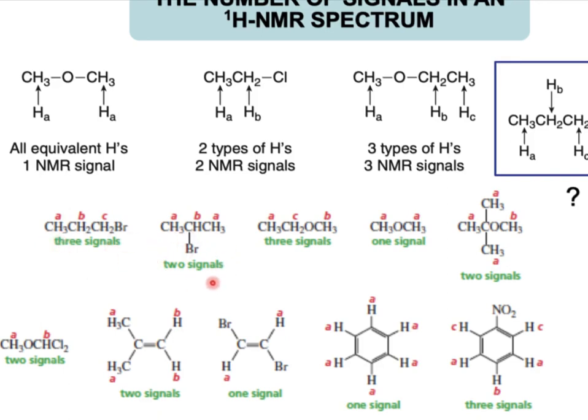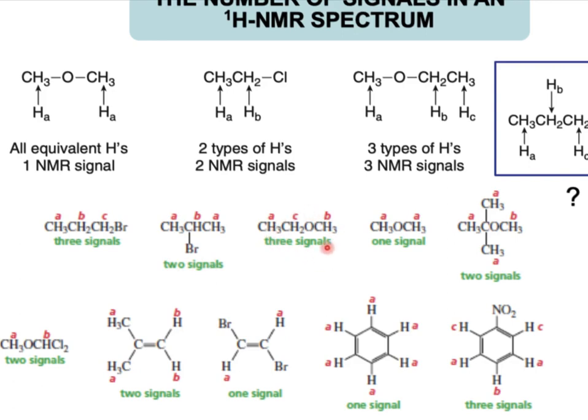This other bromide compound has two different signals. This methyl and this other methyl are attached to the same CH, which is attached to the bromide, so they have the same chemical environment. Only this proton has a different chemical environment, because it is attached to the carbon which contains the bromide. It has two NMR signals.